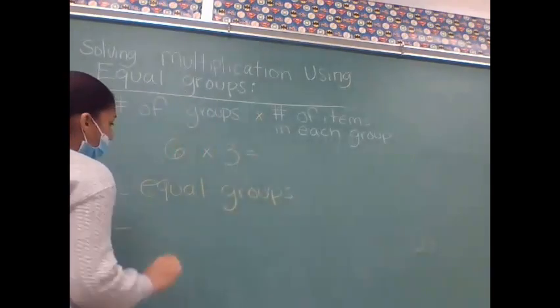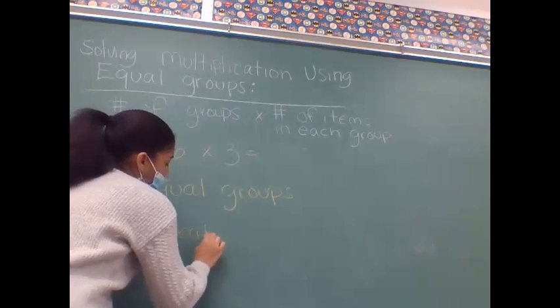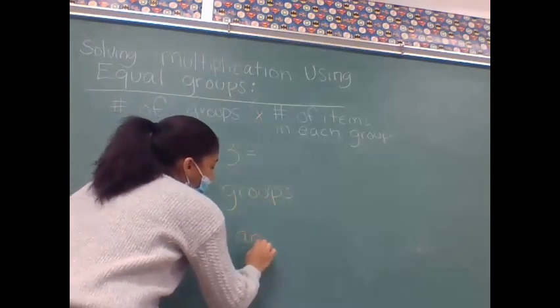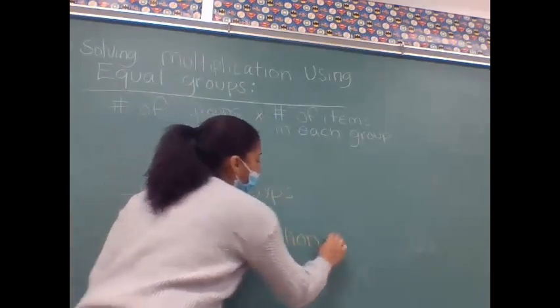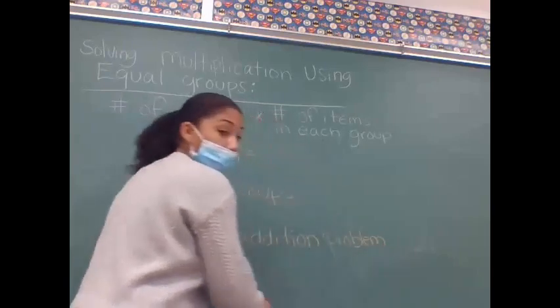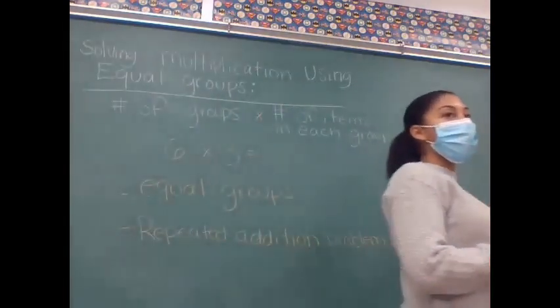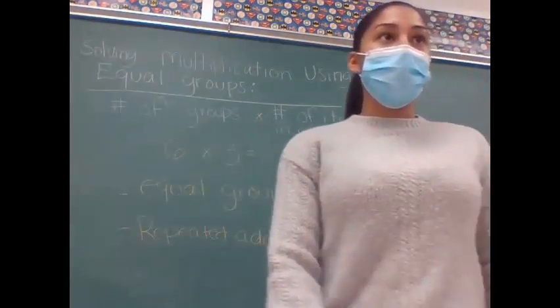And right underneath that, I want you to write in a repeated addition problem. When you're finished, put your markers down. Fold your hands so I know we can move on.